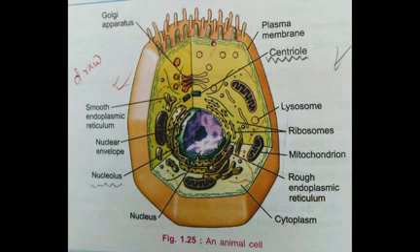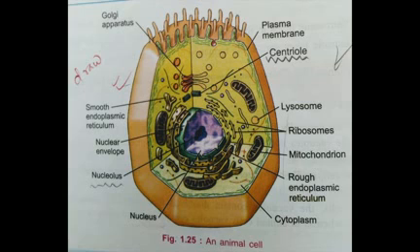Now, the cell membrane is the outer covering of each cell, forming a boundary of the cytoplasm. It consists of lipids and proteins. The cell membrane encloses the nucleus and cytoplasm of the cell.